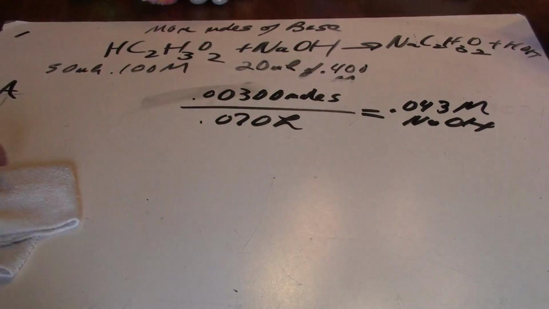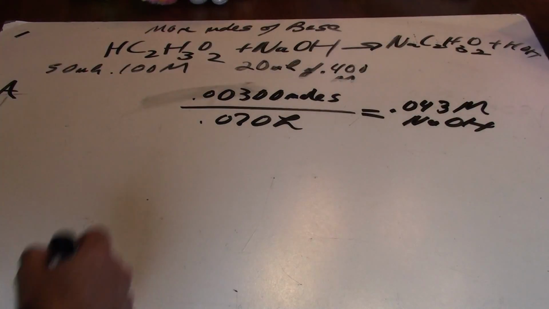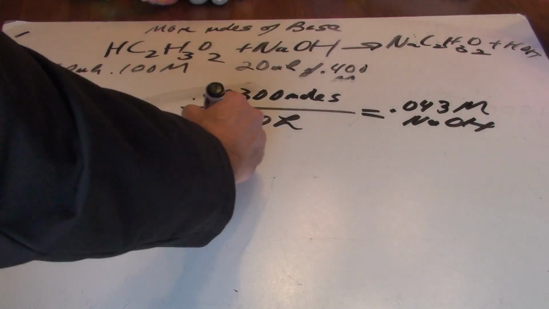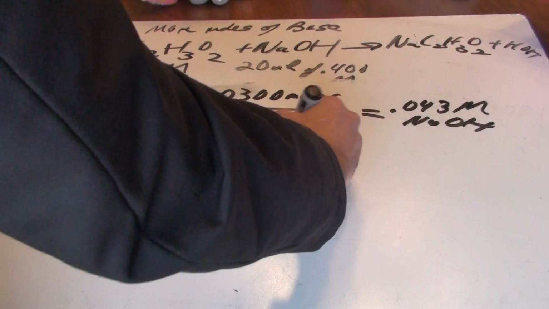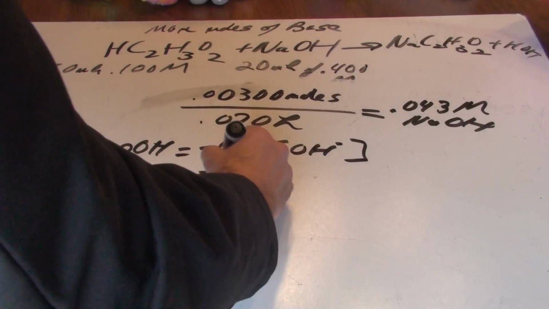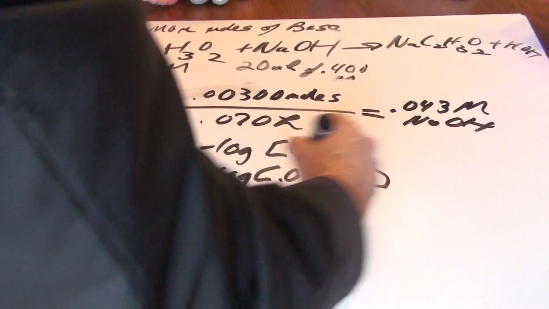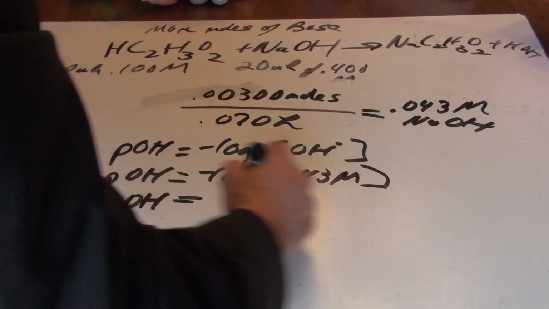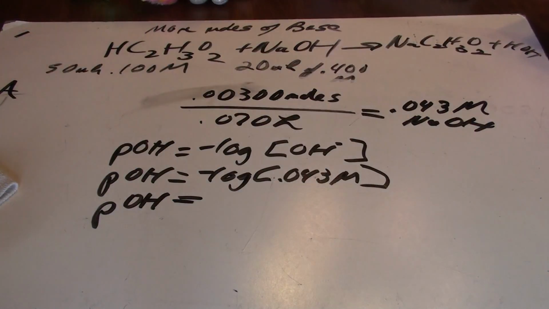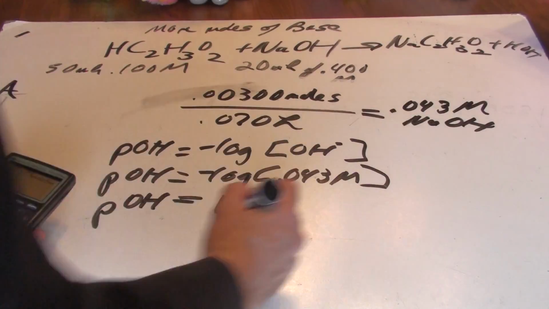So now we can use the concentration of OH minus from the sodium hydroxide to calculate the pOH. pOH is equal to the negative log of the concentration of OH minus. So the pOH is going to be equal to the negative log of 0.43 molar, and so our pOH will be 0.37.